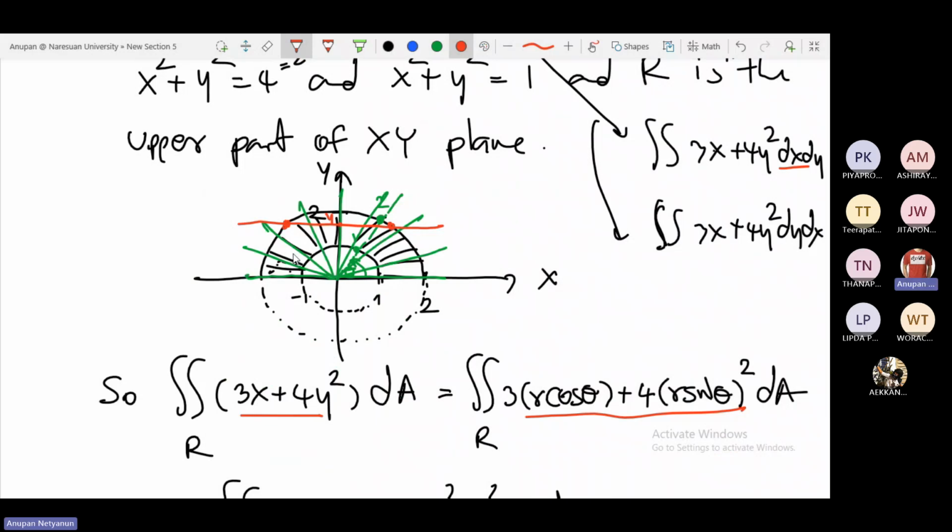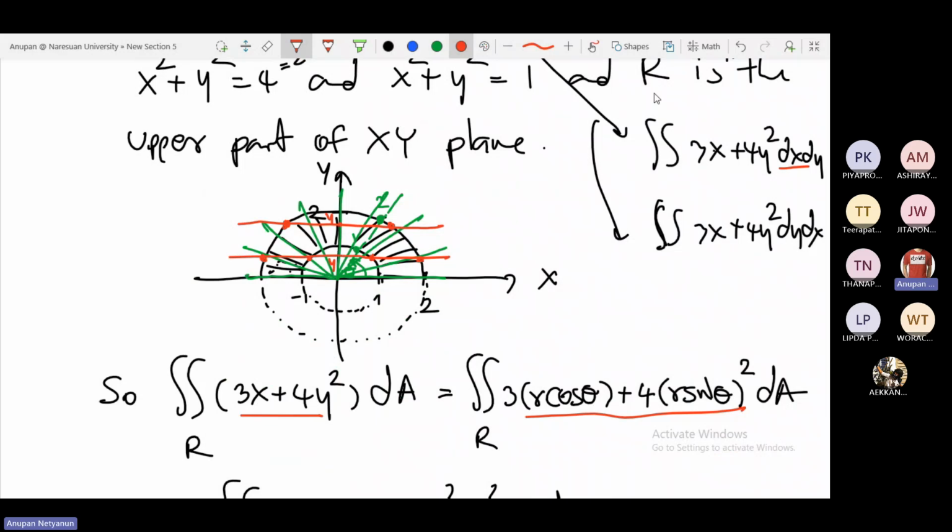But you can see that it's not going to be the same pattern anymore if you look at this fixed y. See, it intersects the region at this point, this point, and this point. Different pattern. So it's going to be hard to do the integration in rectangular coordinate system.